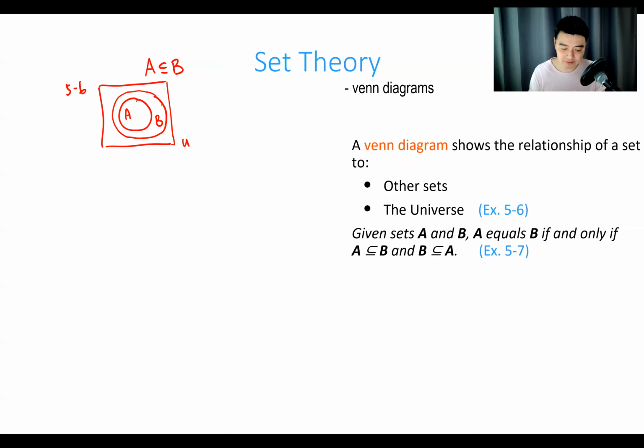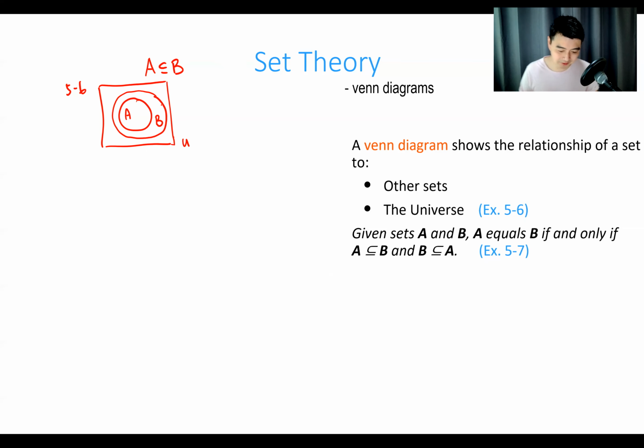The only thing that this defines is a relationship between set A and set B. All this is telling you is that everything in A is also in B. That's all it's telling you. It doesn't tell you how big A is, how big B is, how big U is. It doesn't tell you any of those things. A could be empty, right? B could be empty. We don't know. So the only thing that Venn diagrams typically tell you is relationships between sets.